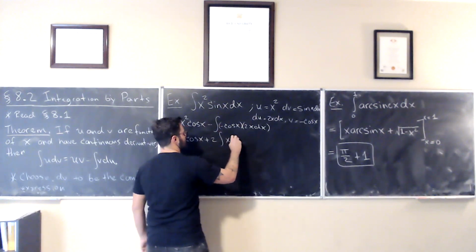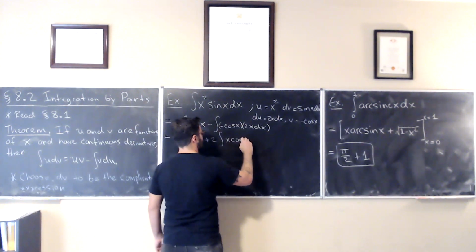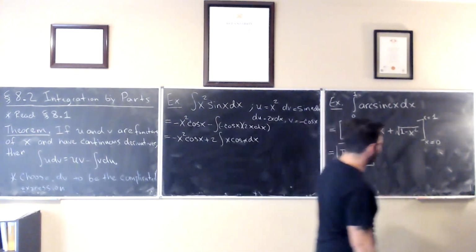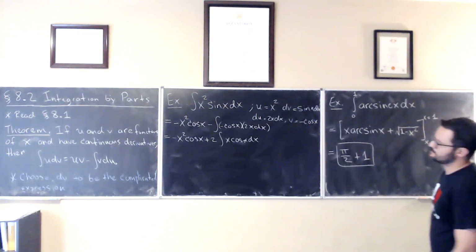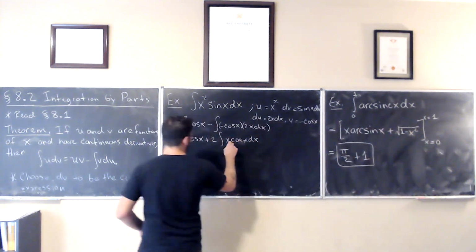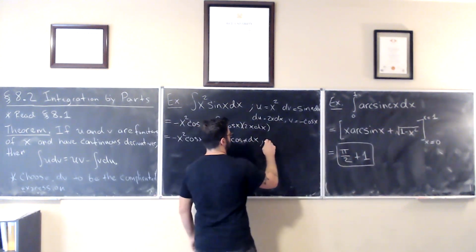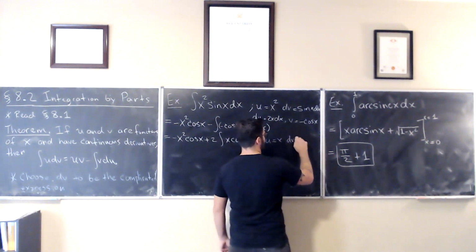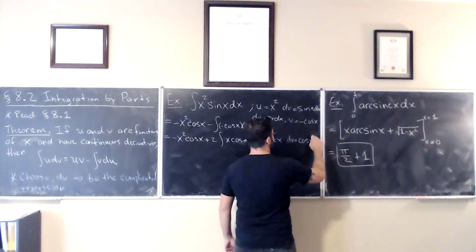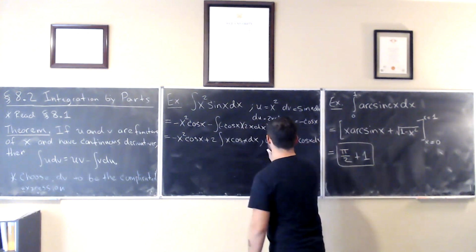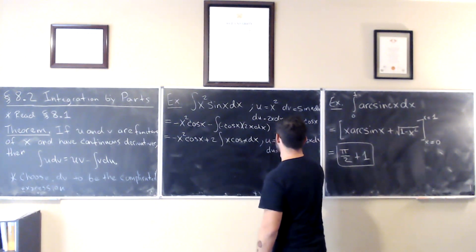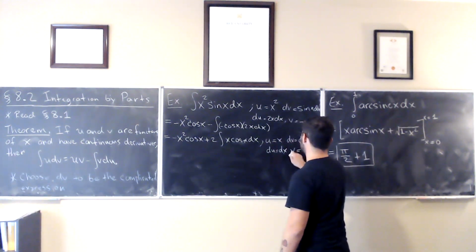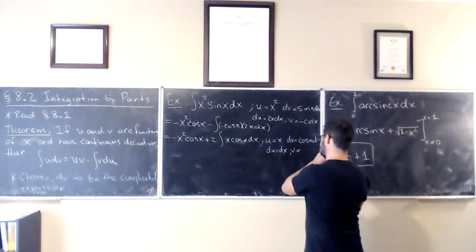And then we have x cosine x dx. And here, with x cosine x dx, we can use integration by parts on that part. So we have u equal to x, and dv equal to cosine x dx, and du is equal to dx, and v is equal to sine x.